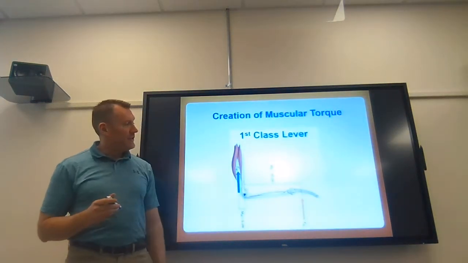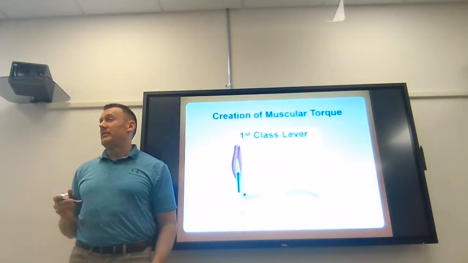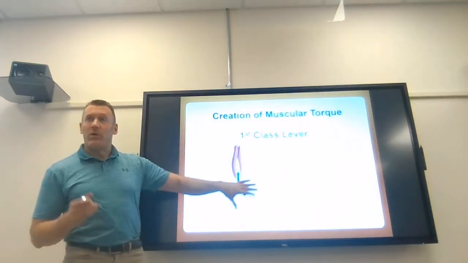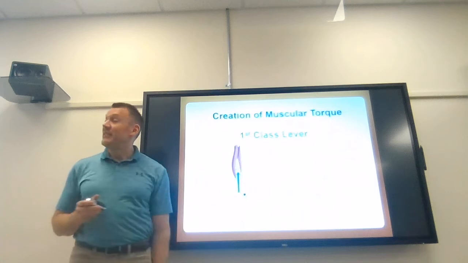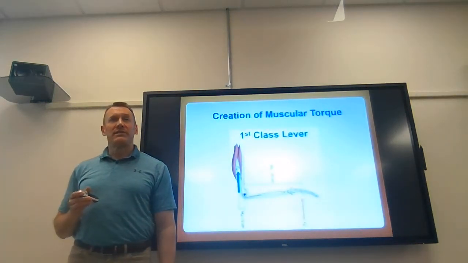So with this type of arrangement, how many of you have done, say, cable tricep extensions? So can you see more now? So you can see this in that exercise, how that works.